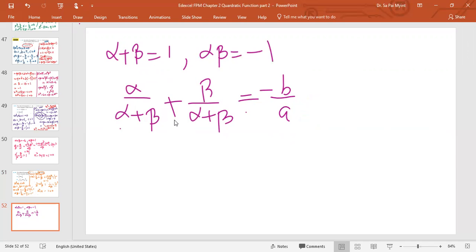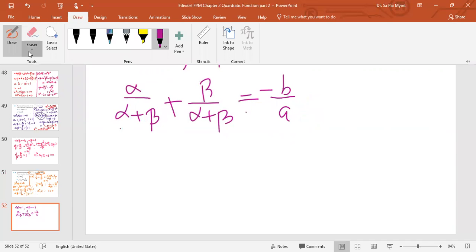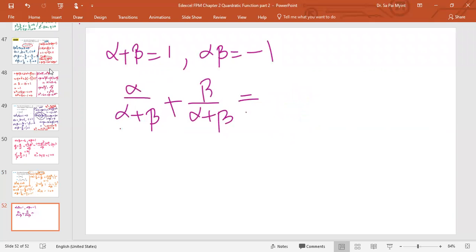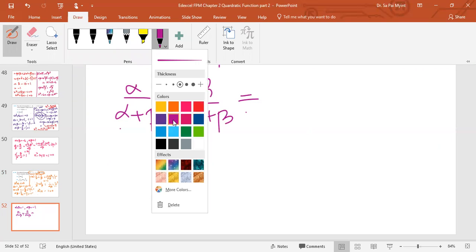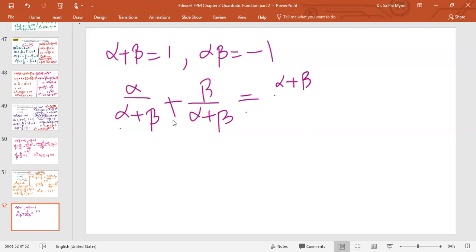Just plug in. Sorry for that. Okay, this one you can add. What do you get? Alpha plus beta by alpha plus beta.